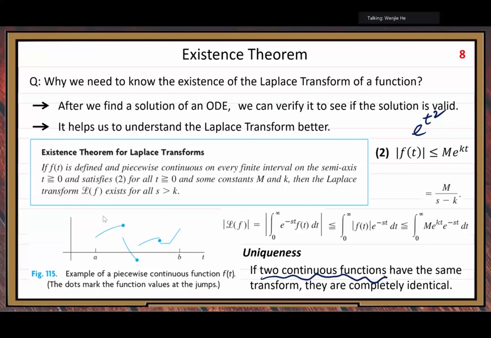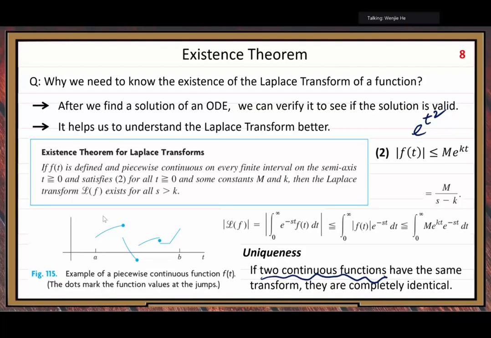Think about if they are both piecewise continuous. Let me say it this way: if both functions are piecewise continuous, and they have the same Laplace transform, can you say they are the same? Continuous, no problem. But piecewise continuous, then you may have a problem, because at those discontinuity points these two functions may not be equal.